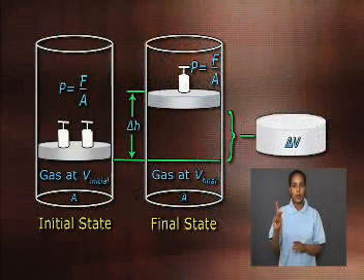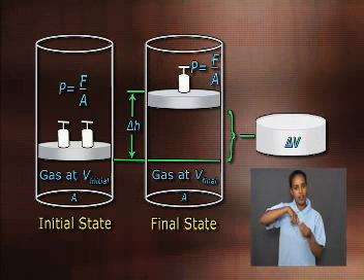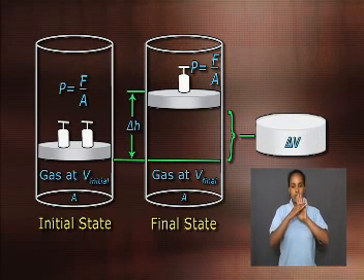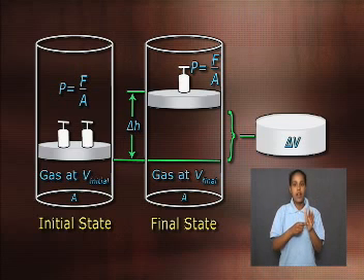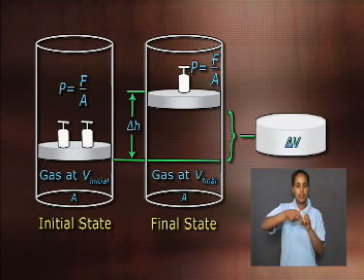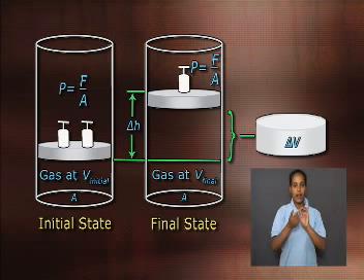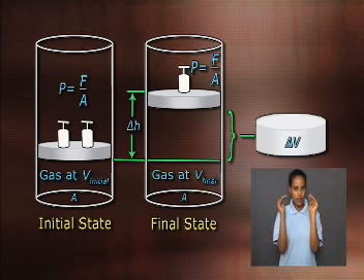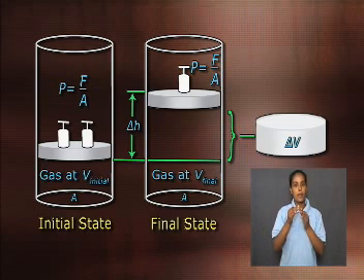The product of the cross-sectional area of the cylinder, which is represented as A here, and height, which is represented as delta H, shows the change in volume of the gas. This is shown as delta V. By replacing area times height with delta V, which is its equivalent, we are able to see that the work associated with a gas that expands at constant pressure is described by the following equation.